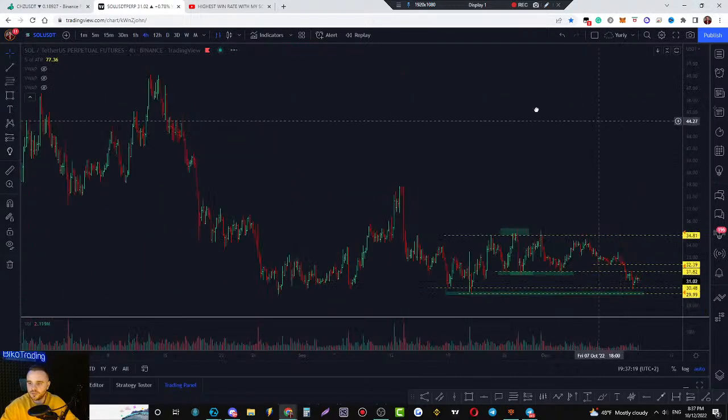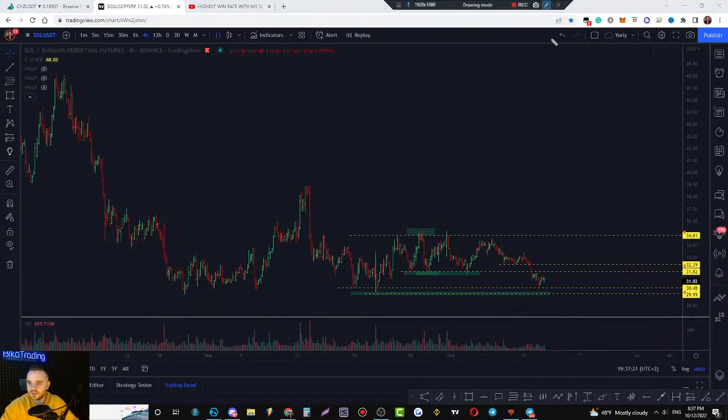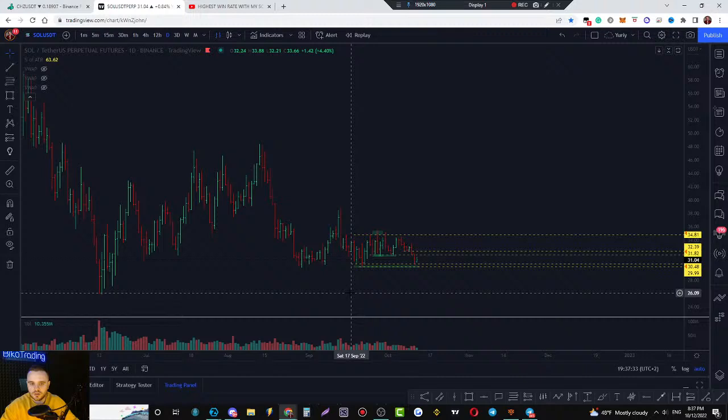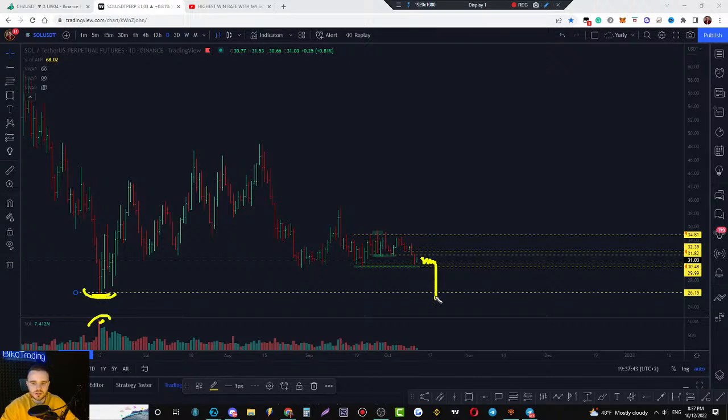And from my point of view, if there would be a retest of, for example, this level, 32, something like that, it could be a good place to take short. Because globally, it looks like Solana is going to drop more. There is no supporting volume like it was here. And if price continues squeezing, that could be a really good signal to take short.